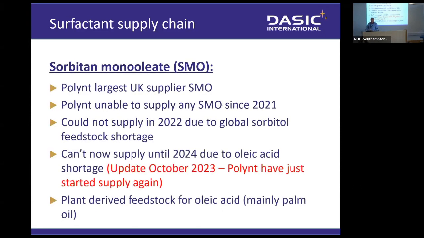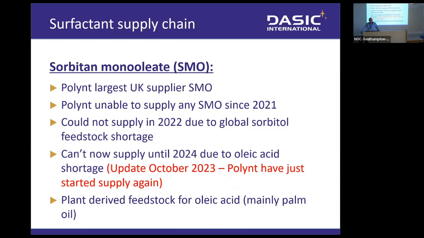So if we talk about sorbitol monoaleate, which is one of the key ingredients to all the three major dispersants, and we look at the largest UK manufacturer, Pollent, Pollent have actually been out of the market since 2021. This is because of shortage of the hydrophobic oleic end of the surfactant molecule.